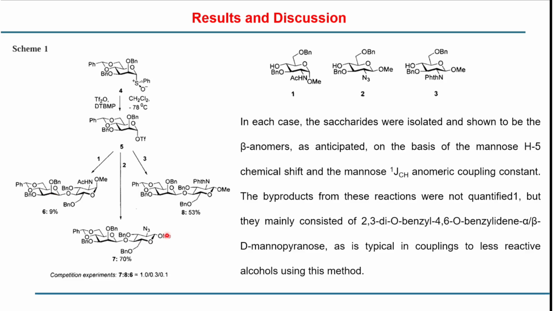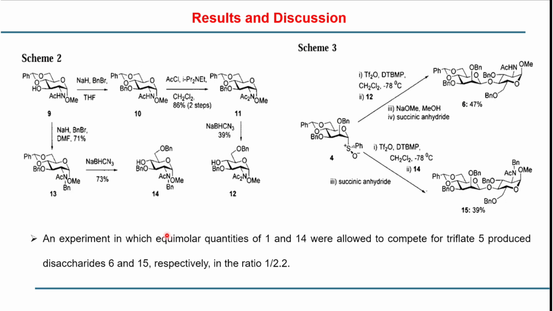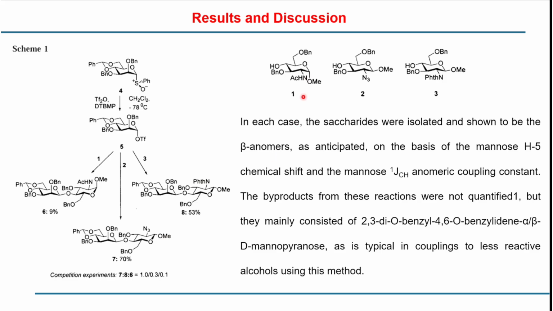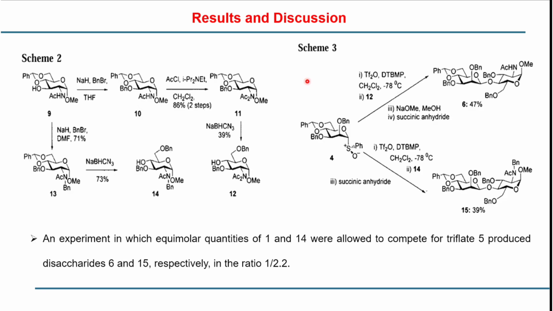By looking at the structure of the acceptor, in the case of 1 there is a chance of intermolecular hydrogen bonding with the acetamide. So they modified acceptor 1 by synthesizing acceptors 12 and 14. They started with compound 9 and protected the 3-hydroxy group using sodium hydride and benzyl bromide.